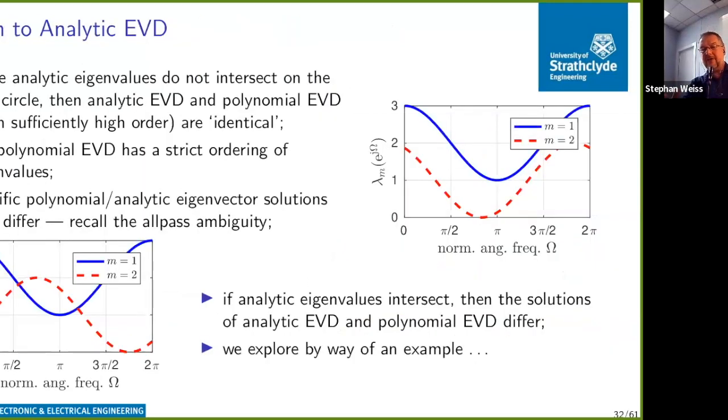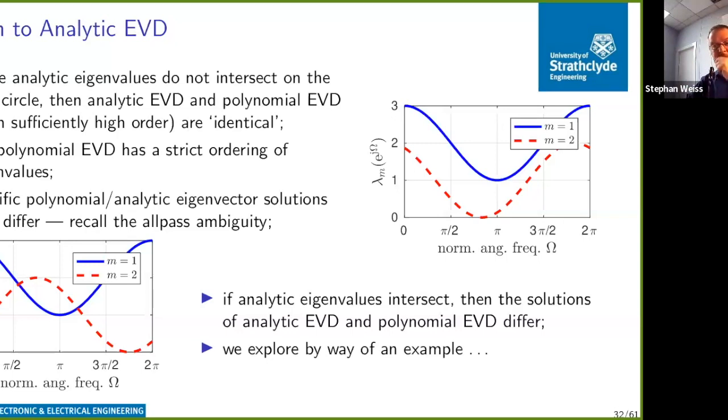Right, so how does this agree now with the analytic EVD? What's the relation between the analytic EVD and the McWhirter decomposition? It turns out that if you have analytic eigenvalues that do not intersect, so that's the top right-hand corner case here, with the example of two eigenvalues that do not overlap, then the two decompositions are identical. At the bottom left-hand corner, however, you see two eigenvalues that do intersect.